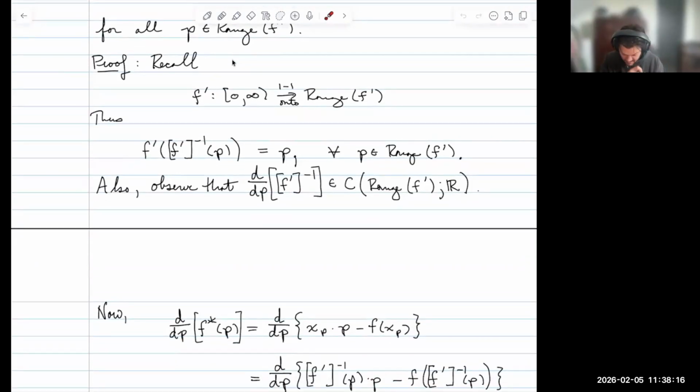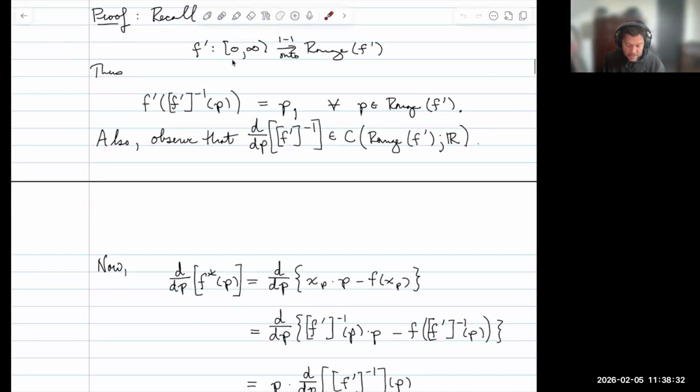And now let's examine what we mean by the derivative, or what should be the derivative of the inverse of f prime. All we know right now is that this should be a continuous function from the range of f prime into R. We don't know exactly what its range is, but we do know what its domain is.